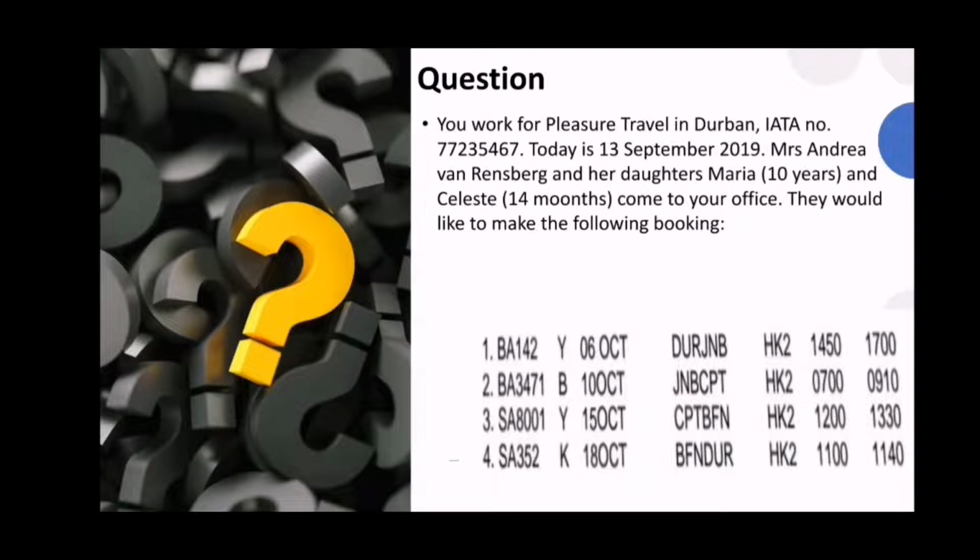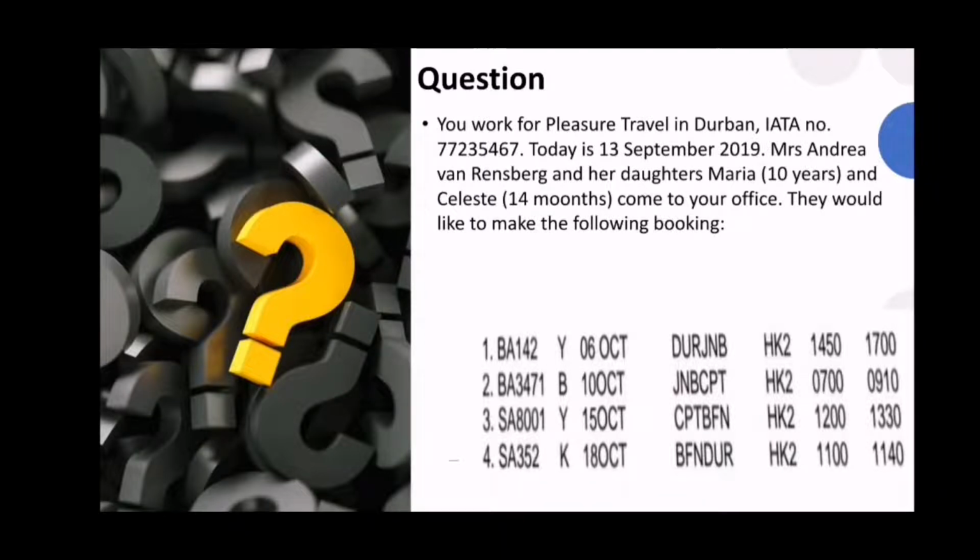Today is the 13th of September 2019. Mrs. Andrea van Rensburg and her daughters Maria, who is 10 years old, and Celeste, at 14 months old, came to your office and they would like to make the following booking.